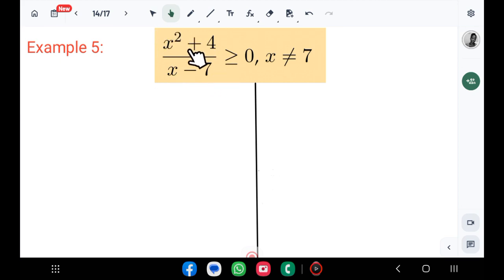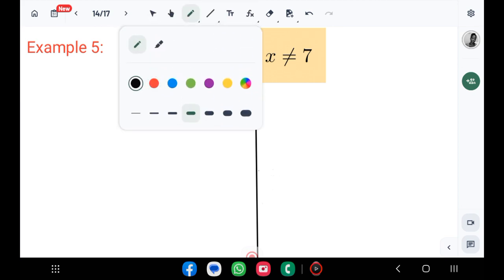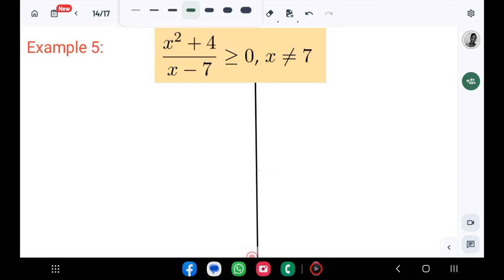In this case, we've got x squared plus 4 and x minus 9. There is no way we can factorize x squared plus 4 without encountering any problems. So there we go straight for our critical values. But before we do, here are the critical values.